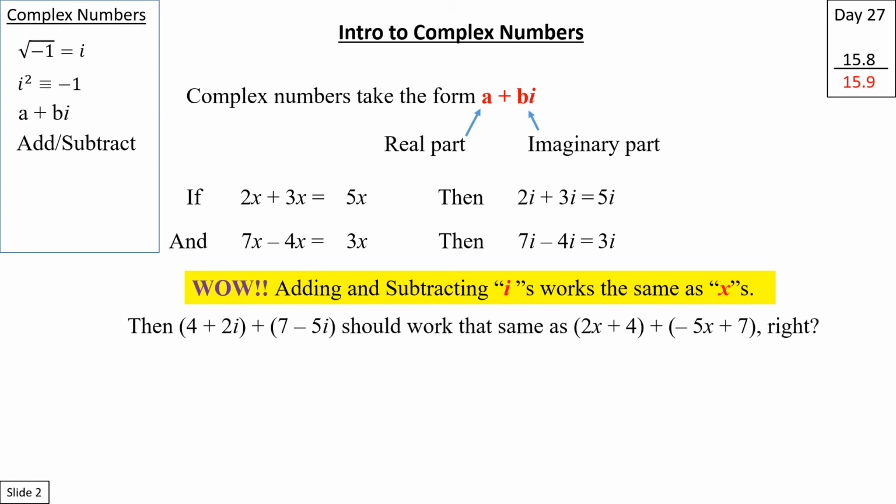So then 4 plus 2i, a complex number, plus 7 minus 5i, another complex number, should work the same as 2x plus 4 plus negative 5x plus 7, right?